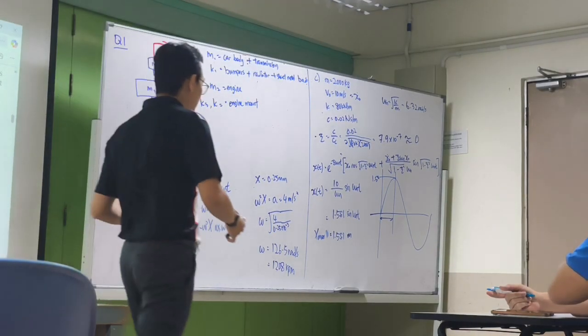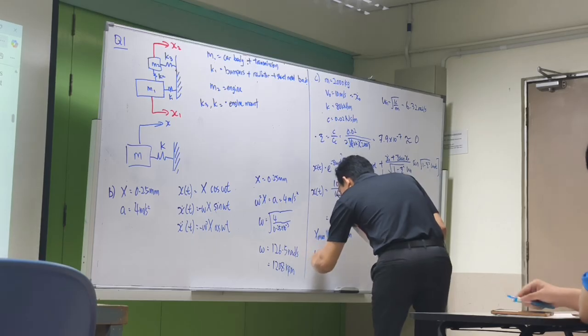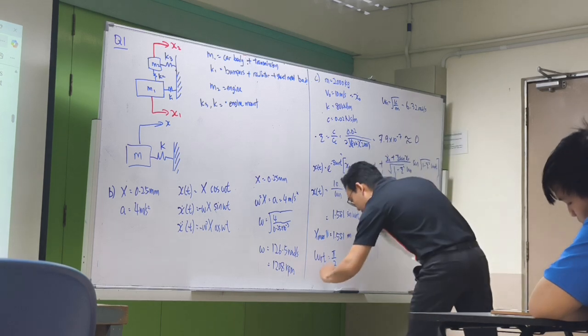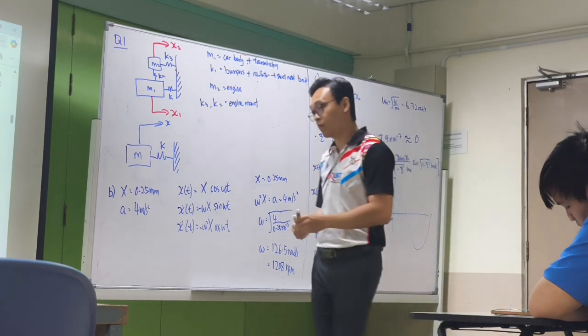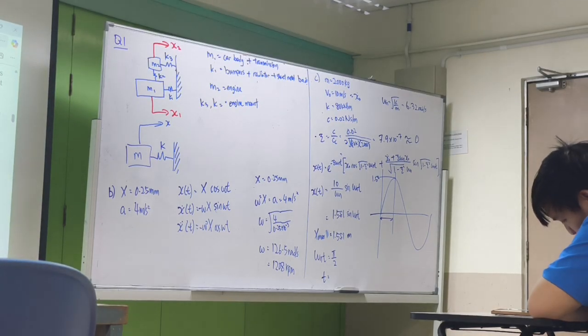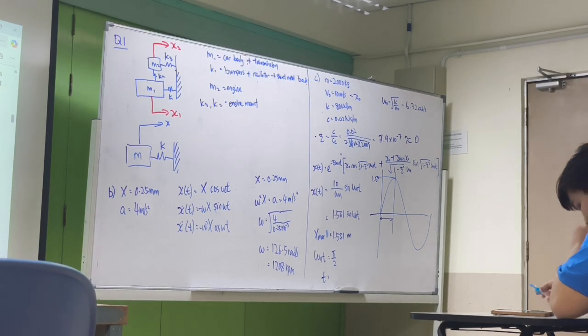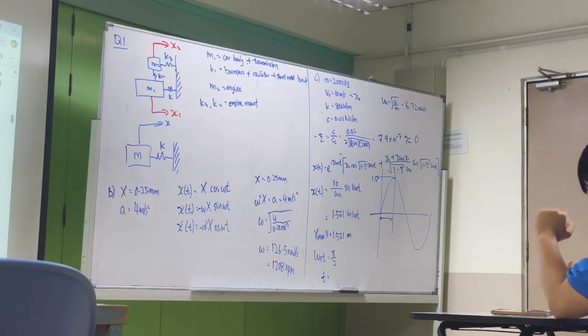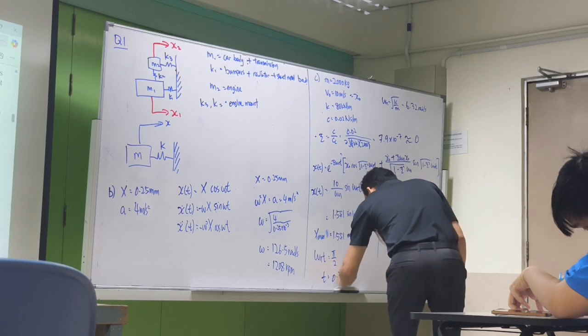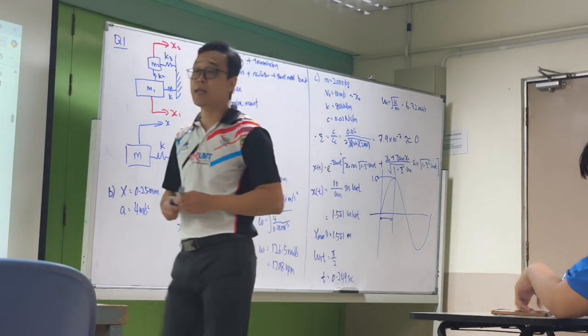So it means that omega n t equals pi over 2, so you get t equal to 0.25 seconds.